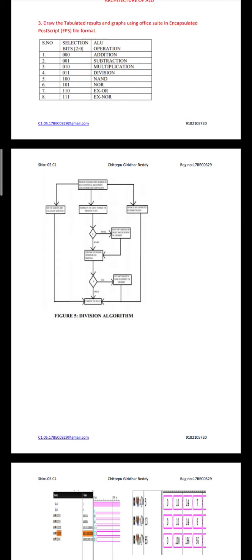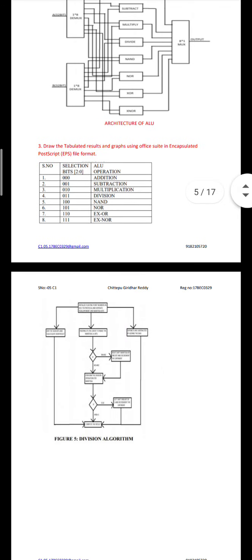If we see the tabulated results and graphs made using an office suite in EPS file format, this has selection bits and the ALU operation. Suppose we see 000, then it is the operation of addition.